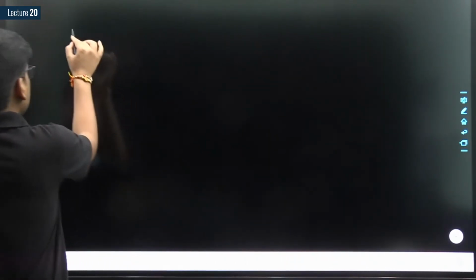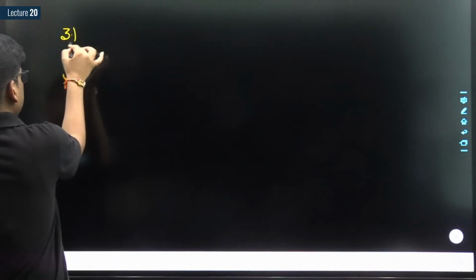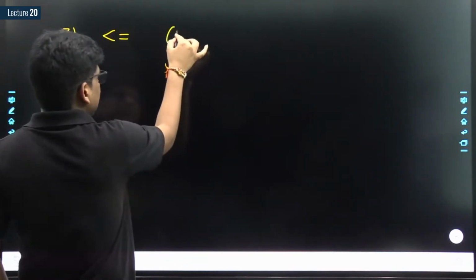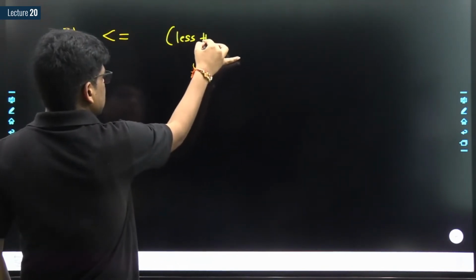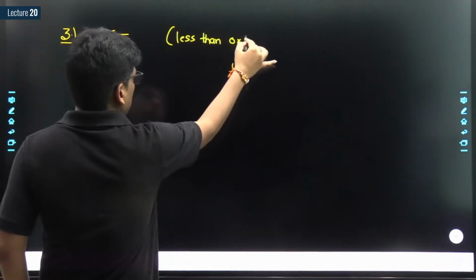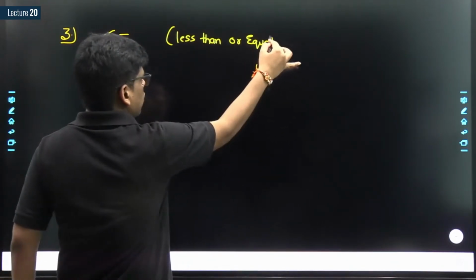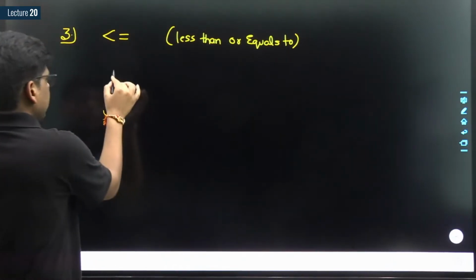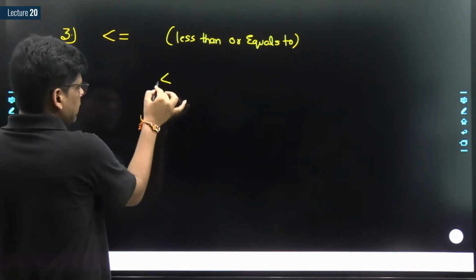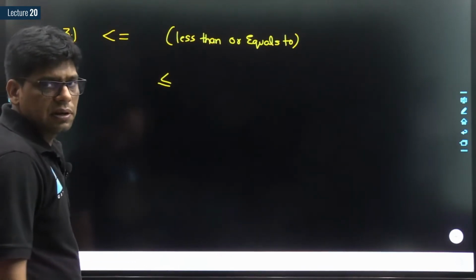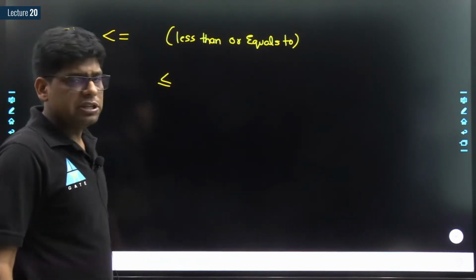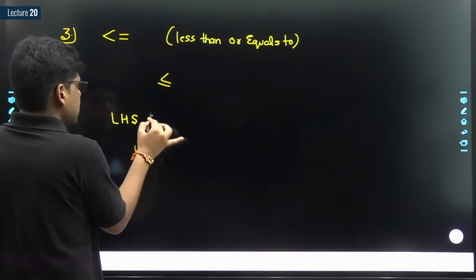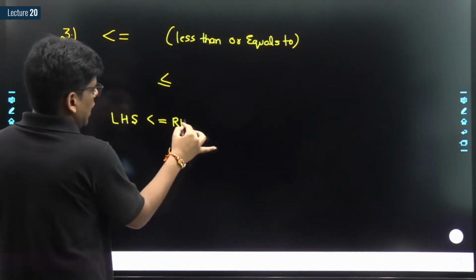So let me talk about the third relational operator. Sir, what is the name? Less than or equal to. Okay. Sir, what is the meaning? See, in mathematics, we have something like this. But what is the meaning of this? Try to understand. Sir, LHS is less than or equal to RHS.